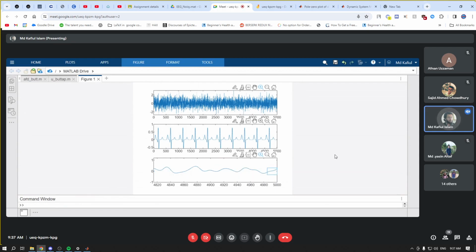So at the end, there is supposed to be some delay as well. So overall, there will be 64 sample delay. So you have to adjust that delay. Basically, at the beginning, this is the delay of around 32, and at the end there will be another 32. So total 64 sample delay.